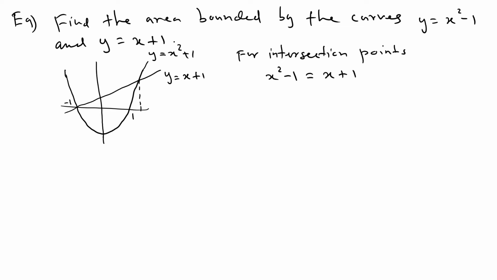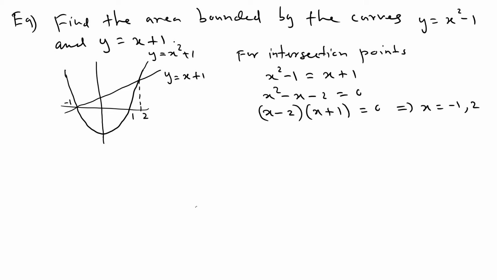Bring it to one side, so it's x squared minus x minus 2, which has nice factors, x minus 2 and x plus 1. That means x equals negative 1 and 2. Negative 1 we already have, so the other value is 2. So that gives the integration limits.